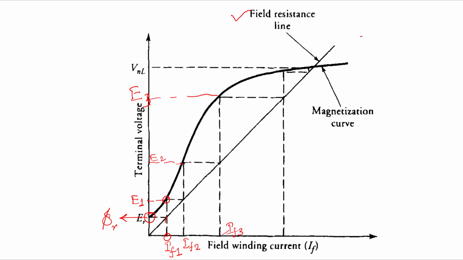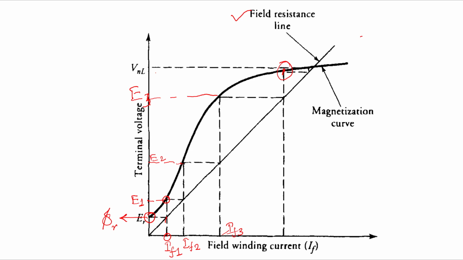It stabilizes the induced EMF. It will not go on increasing to an infinite value. It will stop at a certain point, at V no load, where it saturates and does not increase further.